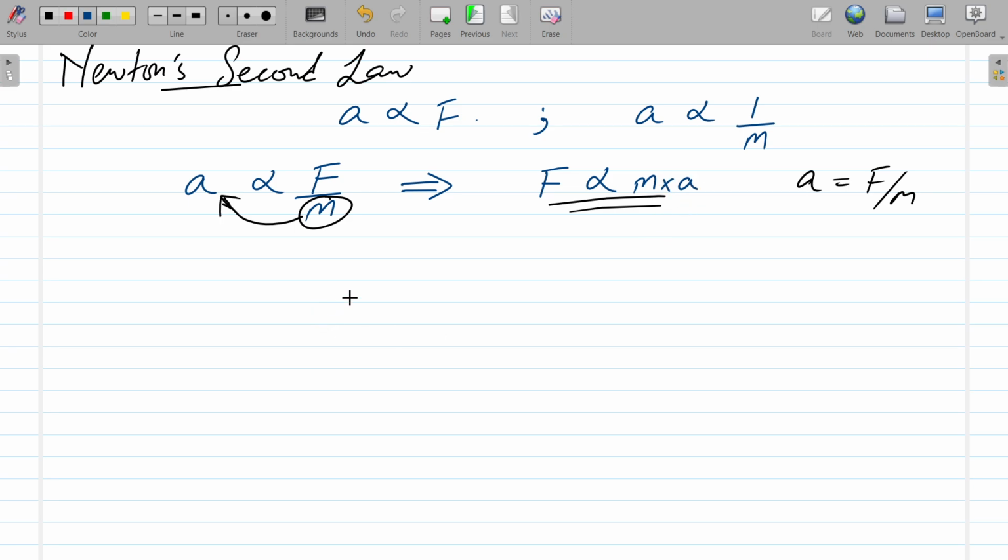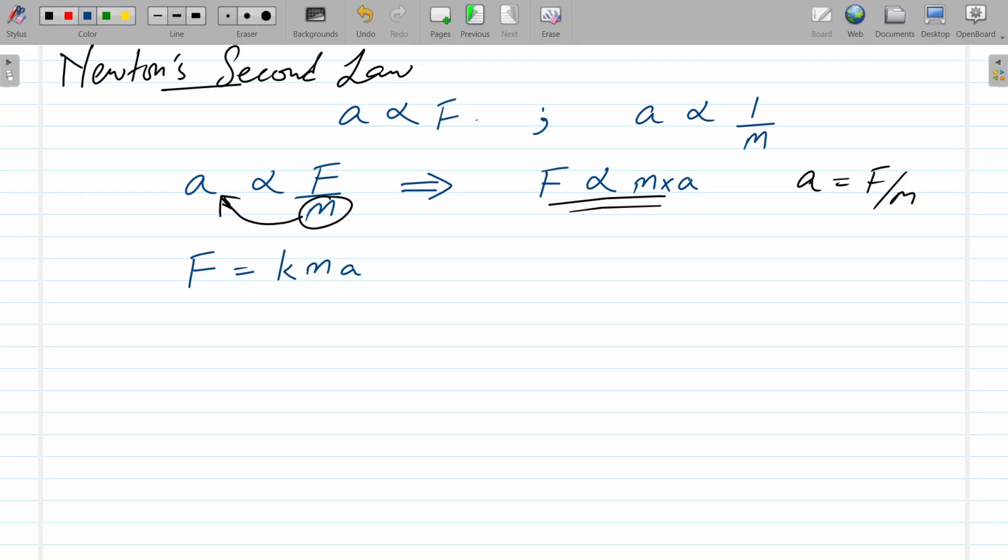Now, if we turn this into an equation, as you are suggesting, what we'll get is force equals k m a. All three of these are different. We know that F is force, M is mass, and A is acceleration. So what's k? k is the constant of proportionality.